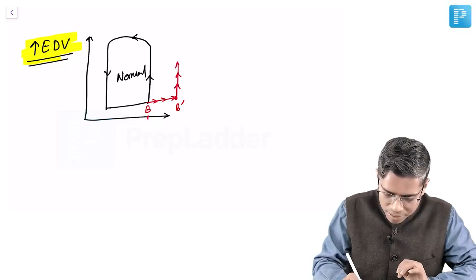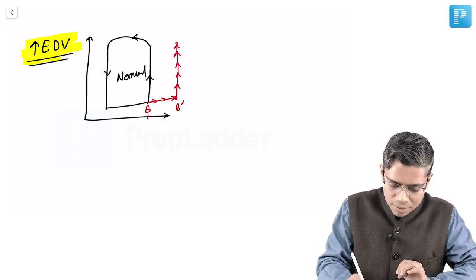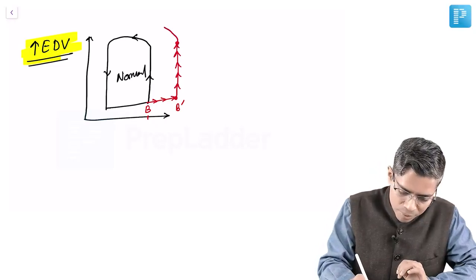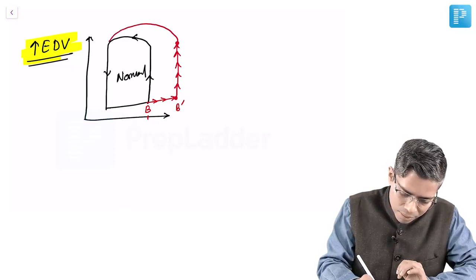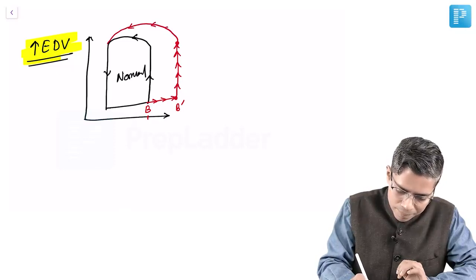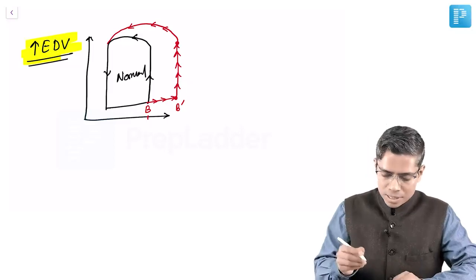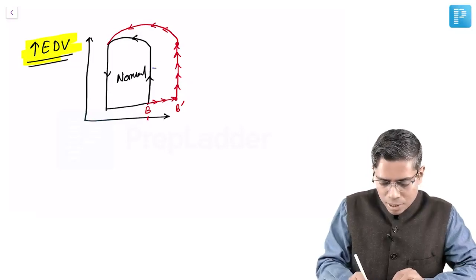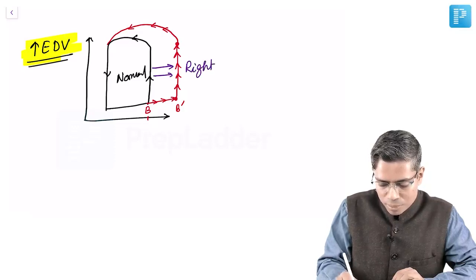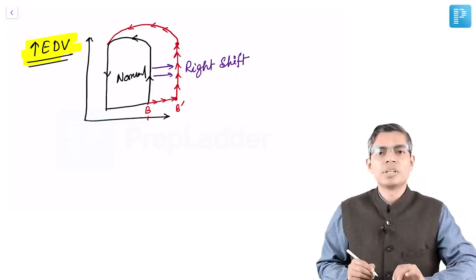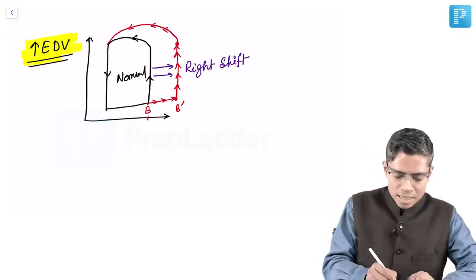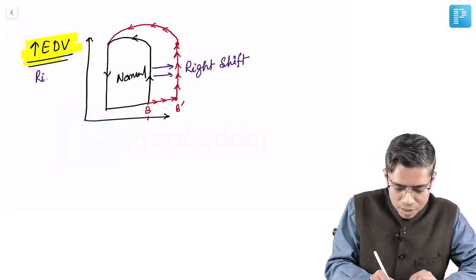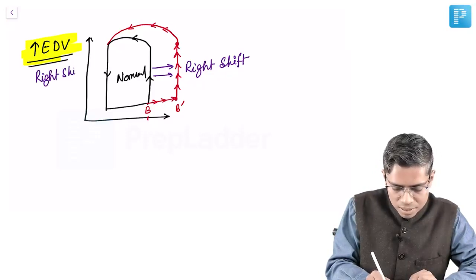Assuming that the aortic pressure is not changed, the ventricle will start its ejection from this point, and the curve will look like this, right? So this kind of curve is known as right shifting of the PV loop. This is known as right shift of the PV loop.